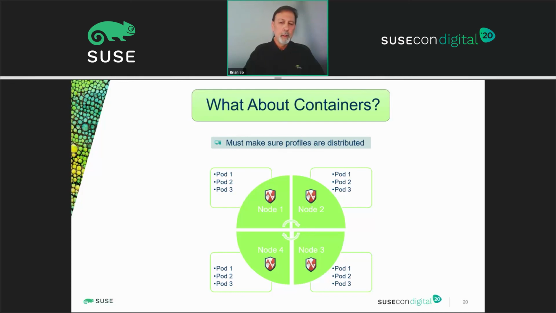And that's because, not knowing where pod 1 or pod 2 or pod 3 might be executed, I need to make sure that those profiles are available so that when that metadata is read, it can reference that profile, pull that information in, and then leverage that as that container runs within the cluster. And this gives us the ability to have failover and allow those pods, and thus the containers within them, to move from one node to the next and still be secure.